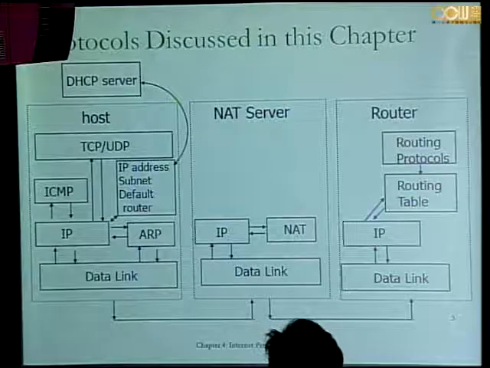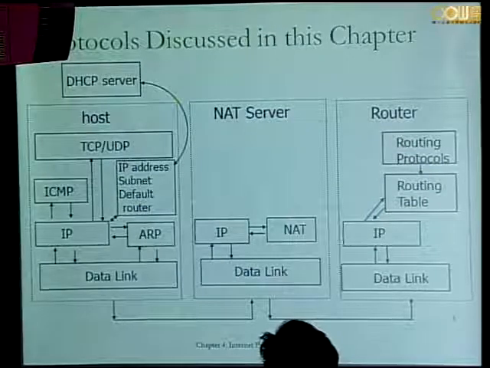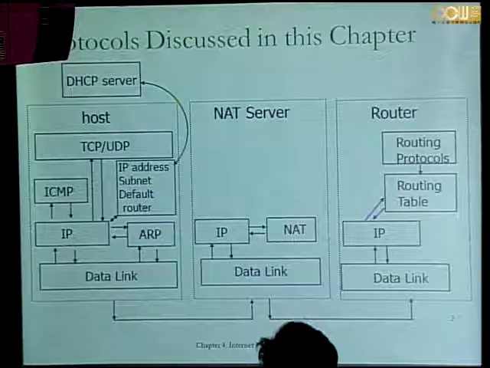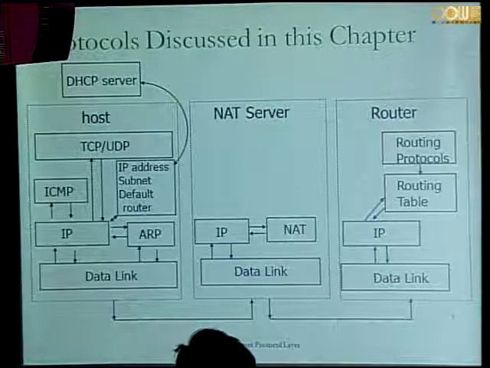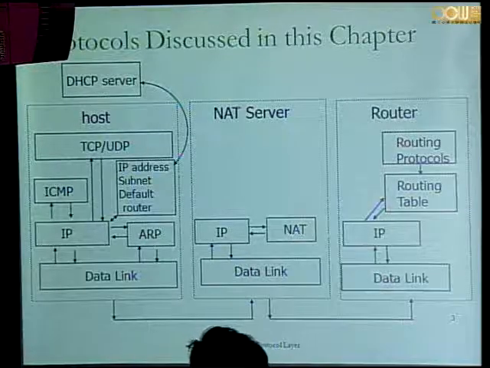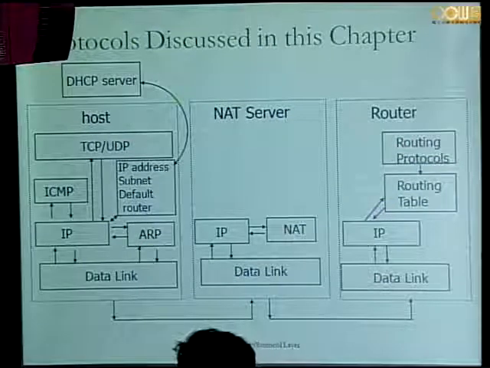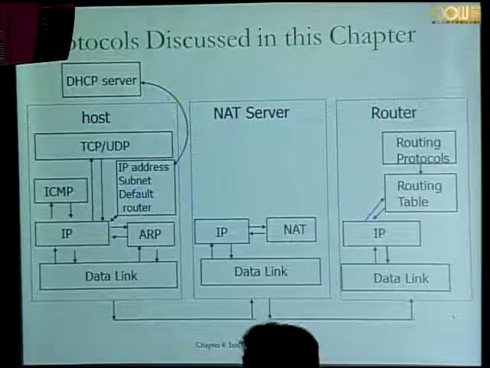Okay. And on the host, you see it would implement the application layer, and also the transport layer, and then the IP layer, and there's a companion protocol, ICMP, a control protocol, and also ARP, another control protocol.